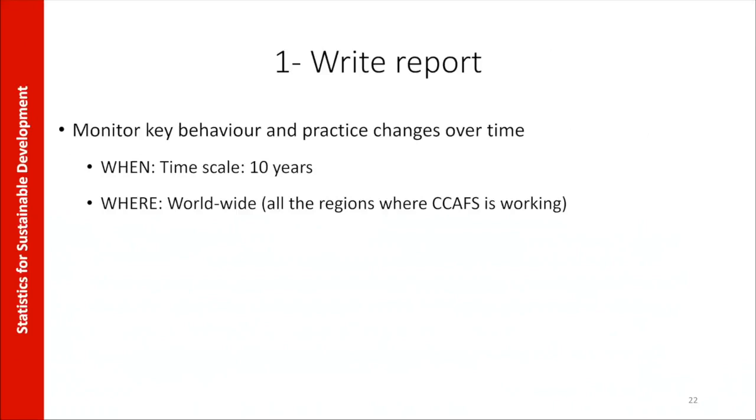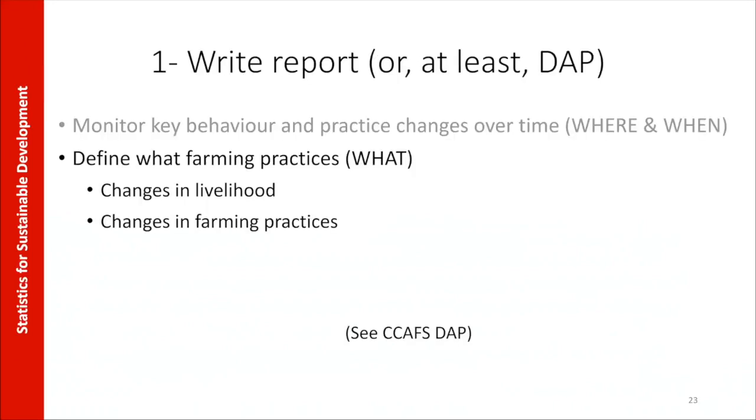So we can start writing this final report, an understanding of a final report of these information products. The idea is to monitor the key behavior and practices changes over time. So the time scale is 10 years, and the place is basically worldwide, or at least all the regions where CGIAR is working.